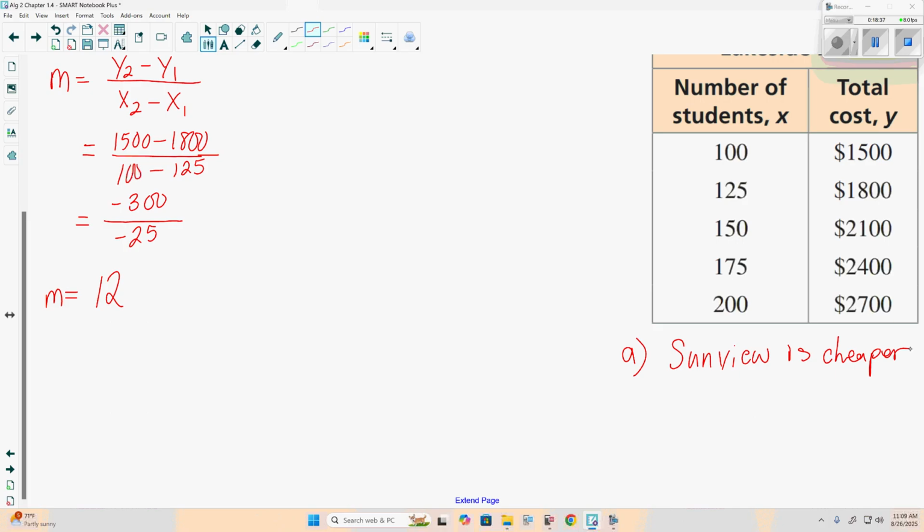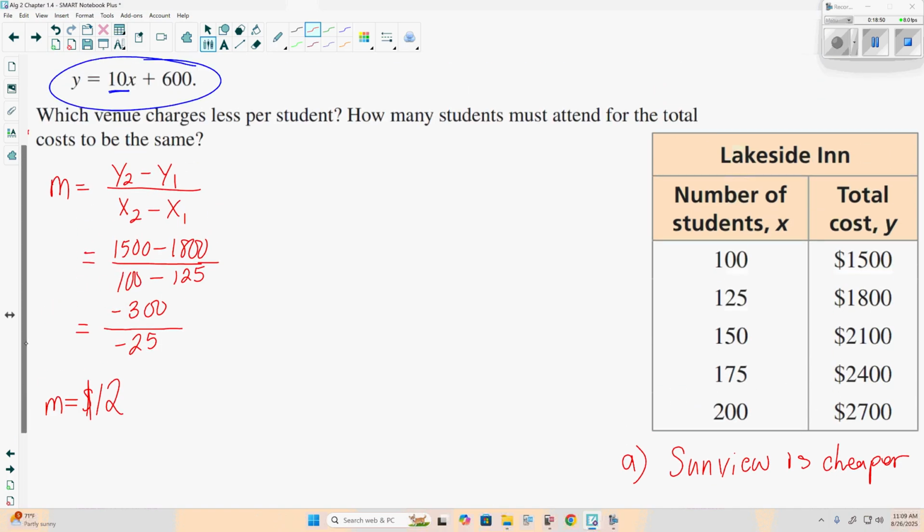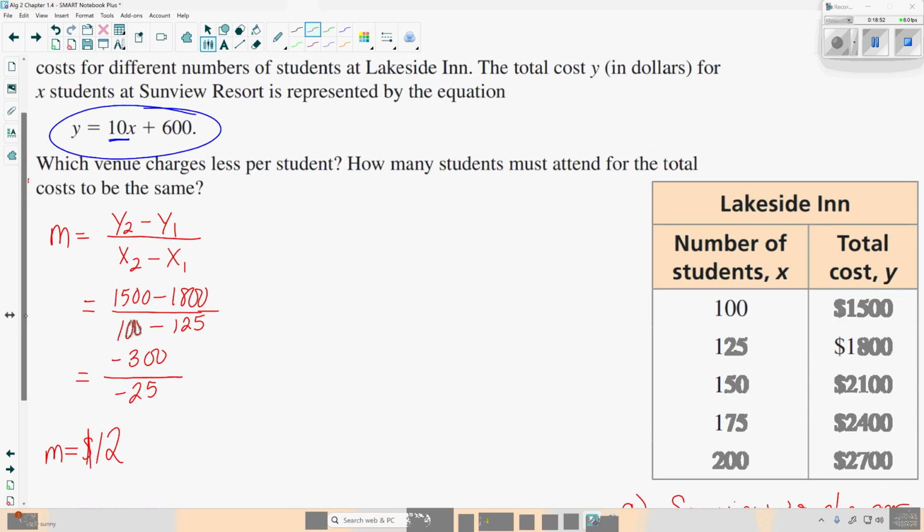Because what we found out is the slope for Lakeside, the amount they're going to charge per student, and that amount is how much? $12 per student, yes? And up here, they gave us the equation for Sunview as 10x plus 600, so they're going to charge $10 per student.